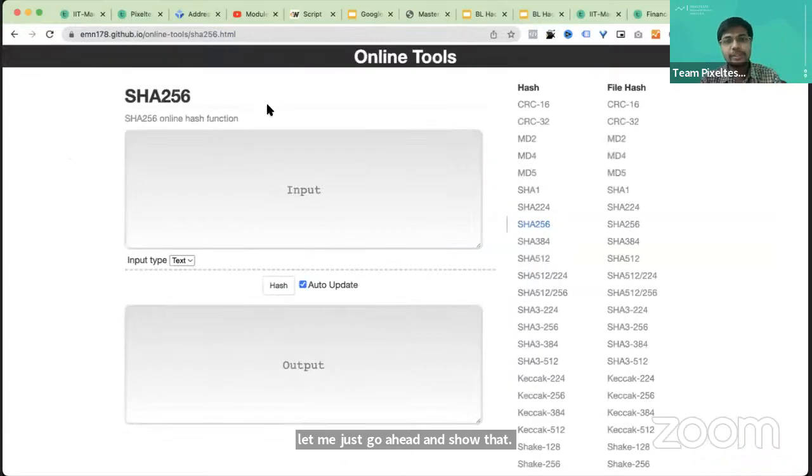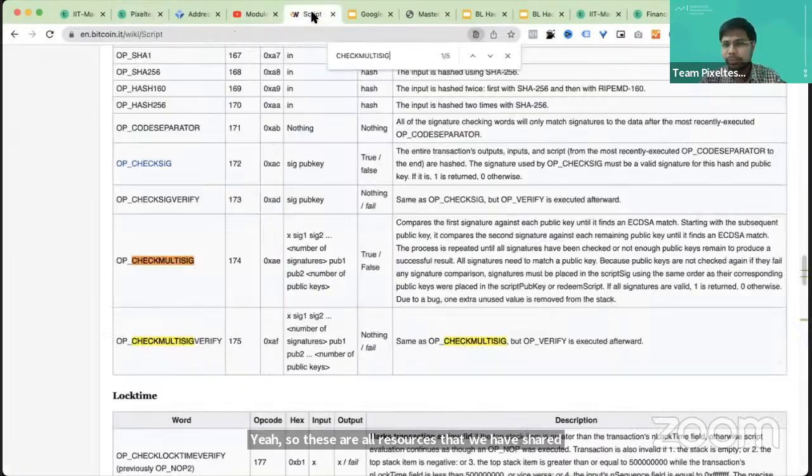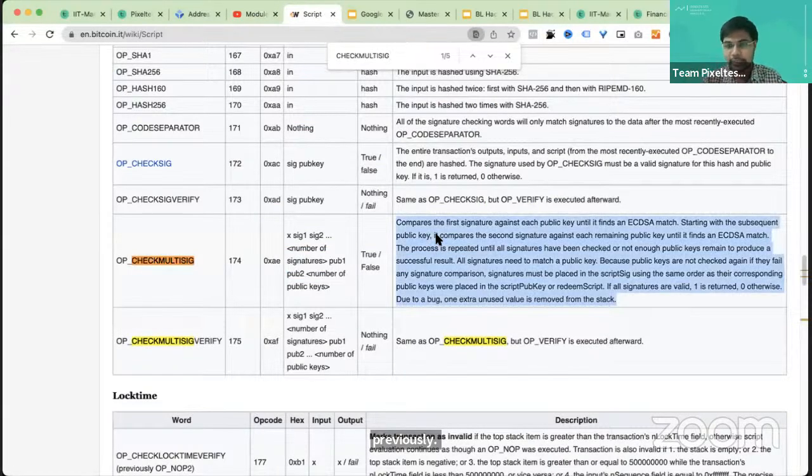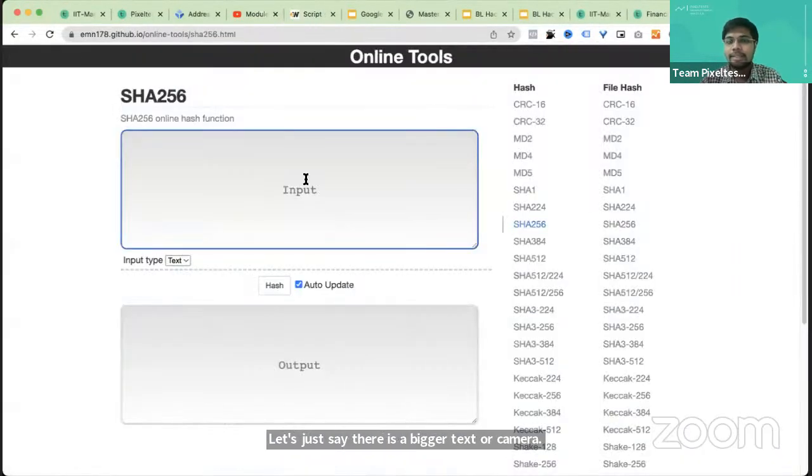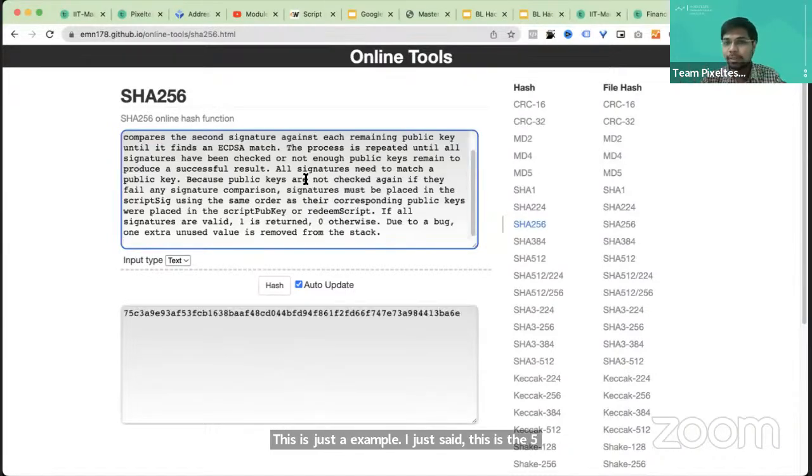Okay, so these are all resources that we have shared previously. Let's just say there is a bigger text. This is just an example. I just said this is the 5 people's script. So SHA-256, it is hash 160, right? So it is kind of the double hash we have done before.